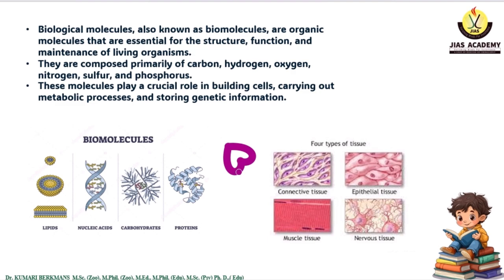All these chemical substances together form the biomolecule. Okay, and what is the role of it? In the sense it builds the cells, carries out metabolic processes, and stores the genetic information, right? And what you are seeing here are the different types of tissues: connective tissue, epithelial tissues, muscle tissues, nervous tissues.